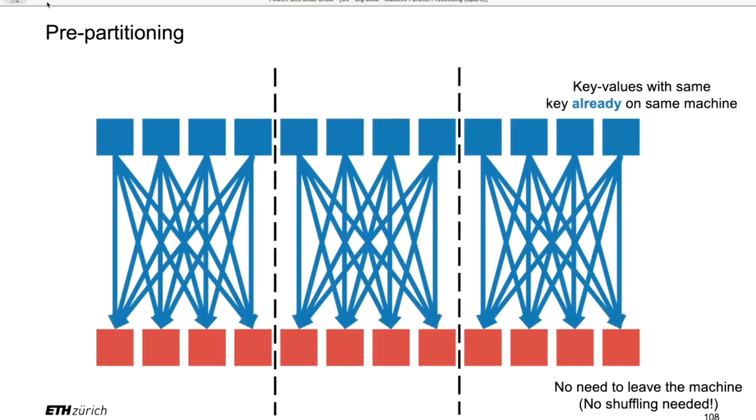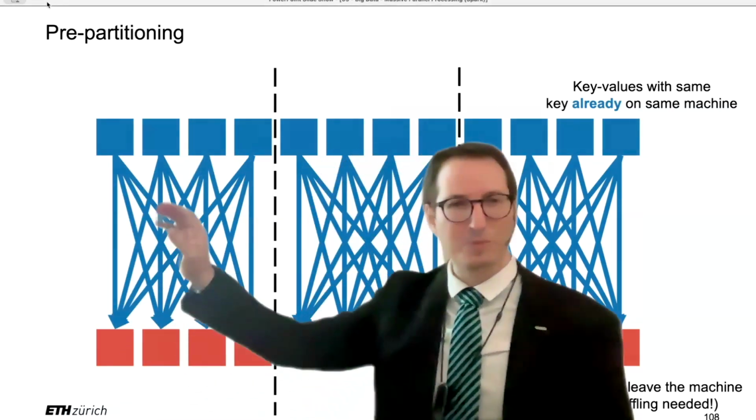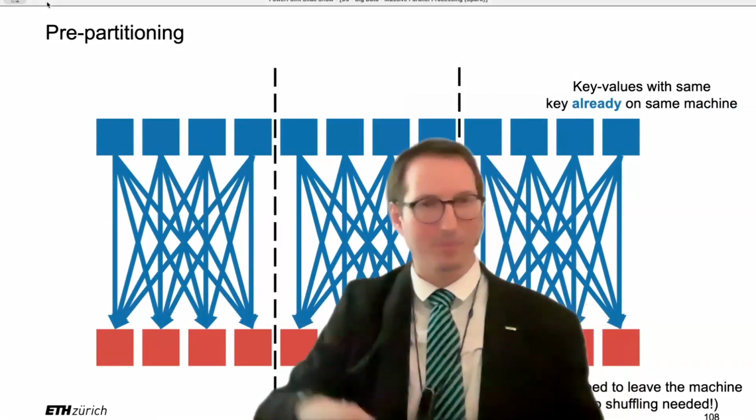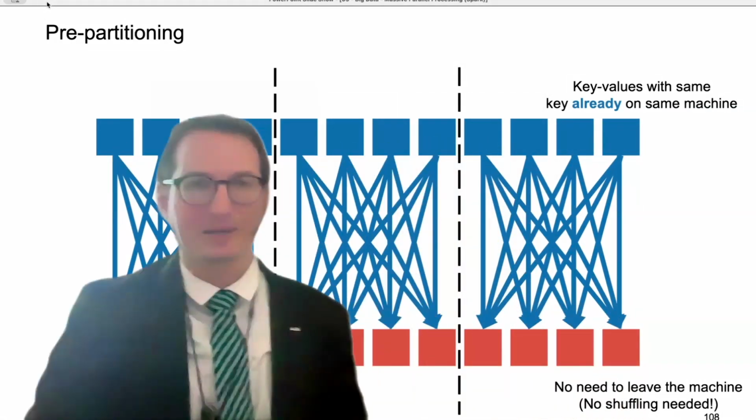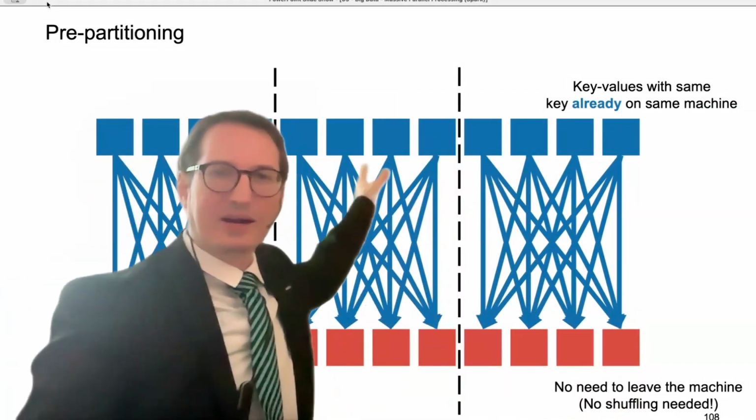Right? Let me now explain it with sorting. Imagine that we want to sort things. Let's say you want to sort numbers that are between 1 and 30. And you have information that tells you it so turns out that all the values between 1 and 10 are on that machine, in any order, but between 1 and 10, they're here. The values between 11 and 20, they're in here.